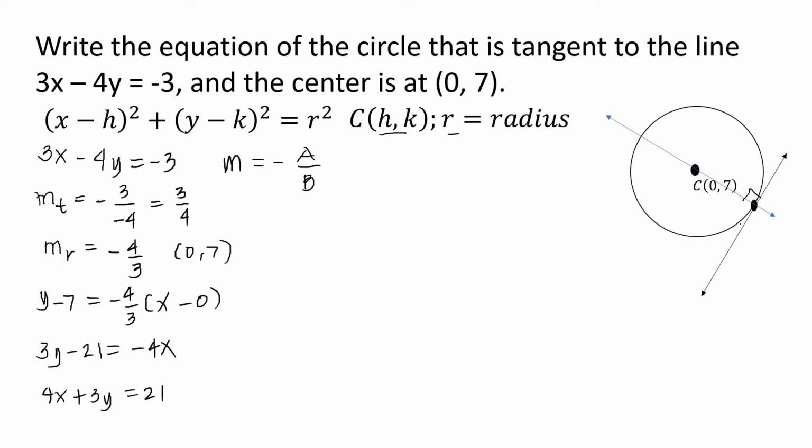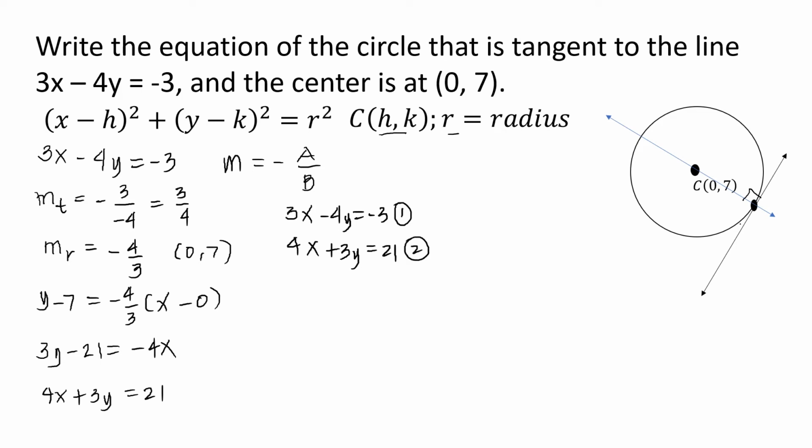Now we can solve the equation of the line containing the radius and the tangent line simultaneously to find that point of intersection. Let the equation of the tangent line be equation 1, that is 3x minus 4y equals negative 3, and the equation of the line containing the radius be equation 2, that is 4x plus 3y equals 21.